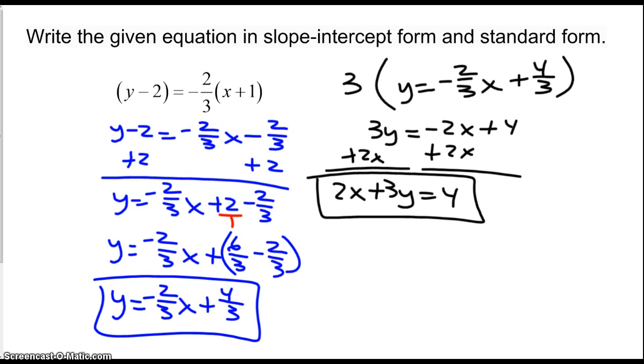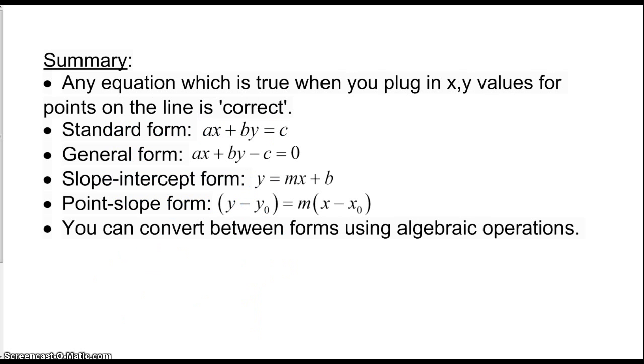Okay. So let me just do a summary. Any equation which is true when you plug in x, y values that are points on the line, if all those make the equation true, then that means that equation is a correct representation. There are many, many correct representations to represent a line. Okay?